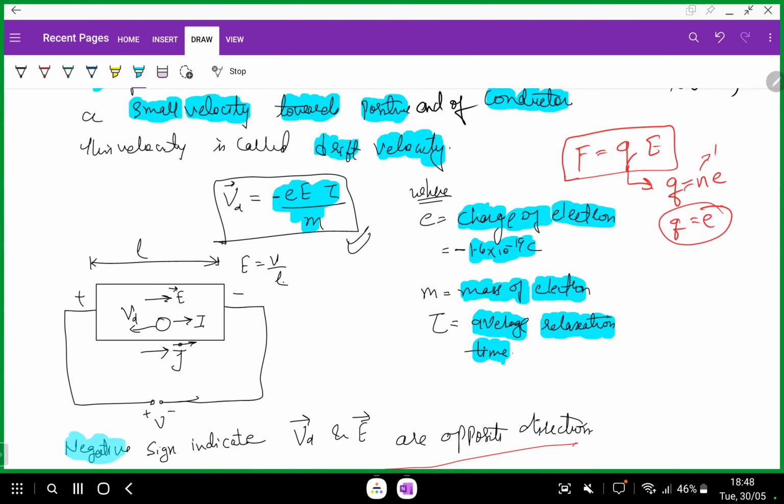I have mentioned it here also; it indicates they are in opposite direction. Come on, make a note of it.